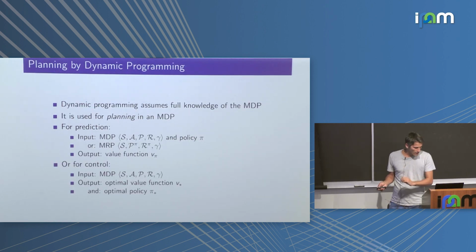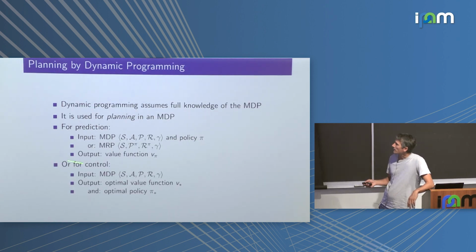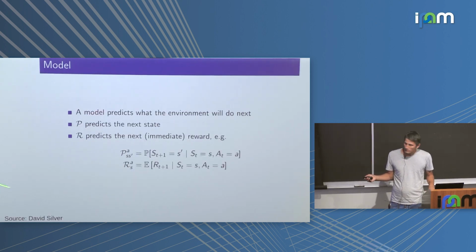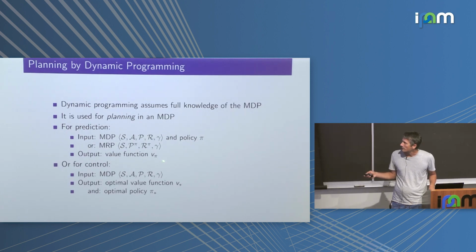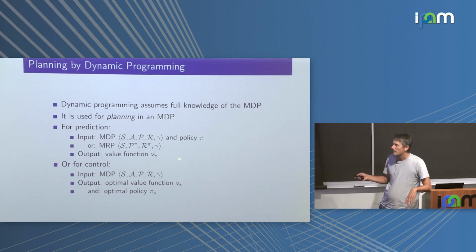There are two things you can do with this setting. You can predict. In the case that you know the jump process, given a policy, you can evaluate the value function over the policy, and then you know everything: what's the value of each state for that policy.